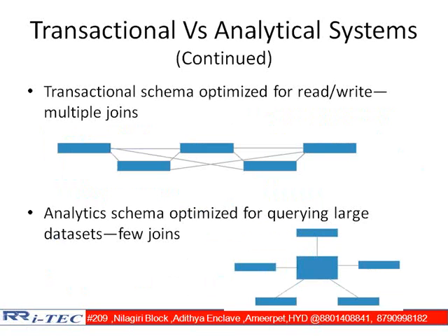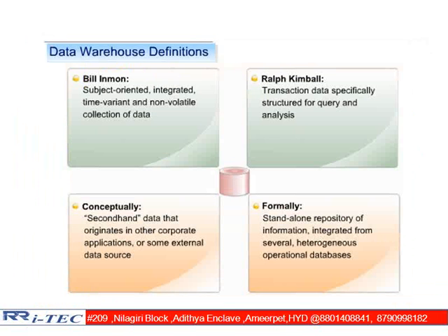Based on these 4 properties only, he defines: a database that is a subject-oriented, integrated, time-variant and non-volatile collection of data is called a data warehouse. That means, suppose I say this is my database, please check whether this database is suitable for a data warehouse or not.